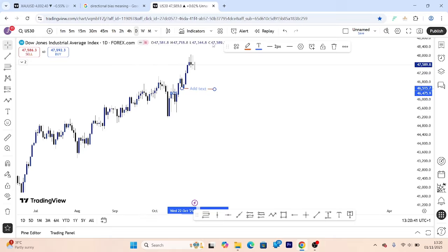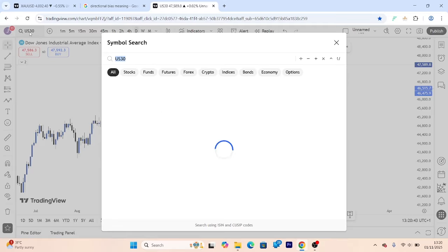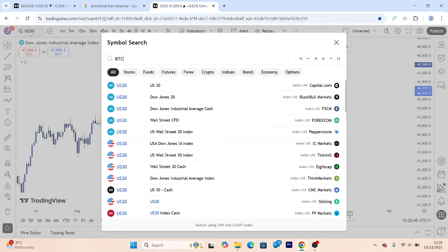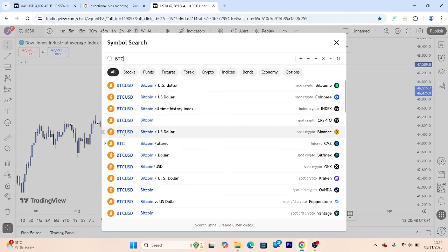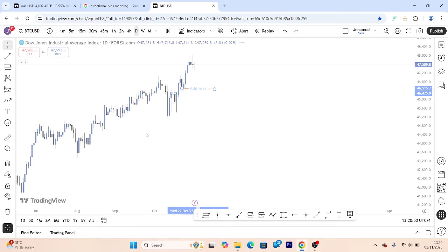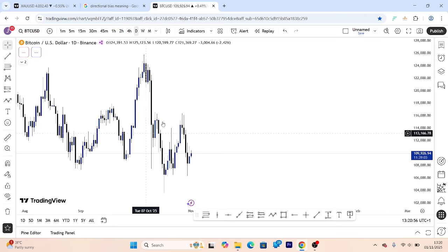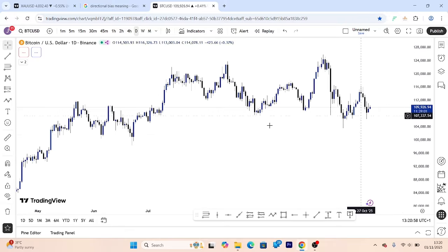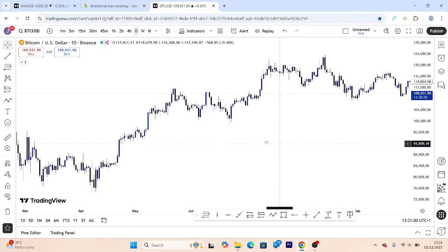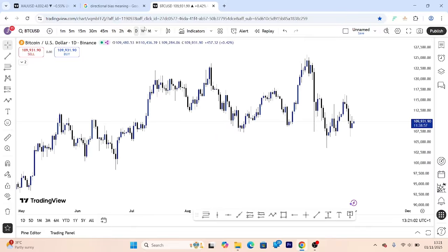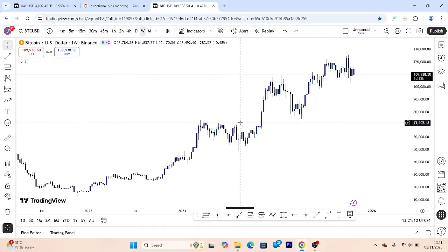So then the next one, let me just use crypto, BTC USD. This is the daily chart. If you can't understand, you can increase the time frame so that you can see things at the bigger picture.